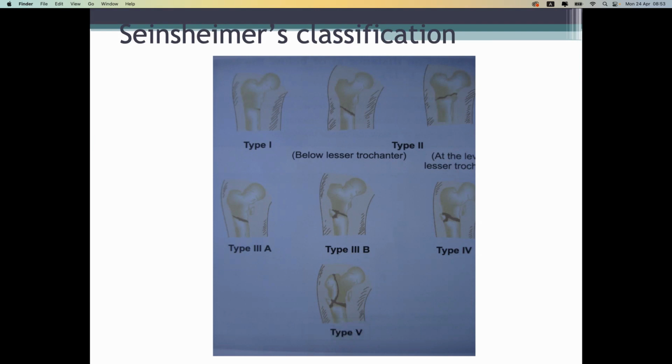The next is instrumental diagnosis. The instrumental diagnosis includes the X-ray and the MRI, maybe CT scan, if it's necessary.